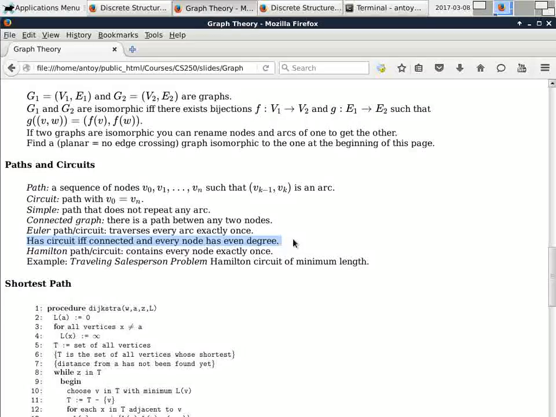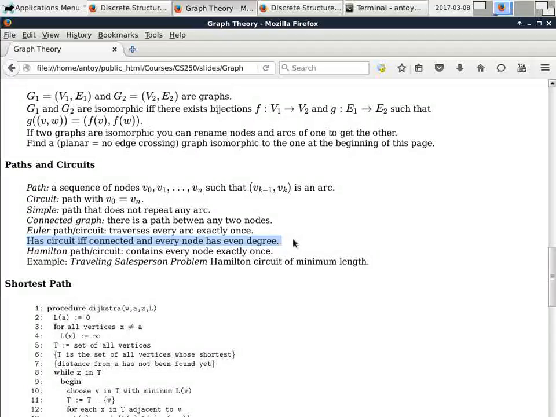Even degree means that you have a way to enter the node and a way to exit, and then you may come there from a different edge and you enter and exit, and every time you enter, you exit. You may understand this, right? If you have a node, let's say, with 3 edges or 1 edge, once you traverse that one, you are stuck there. You cannot go away anymore, right? And if there are 3, you use 2 to go in and out. And then at the last one, either you start from that one, or you end at that one.